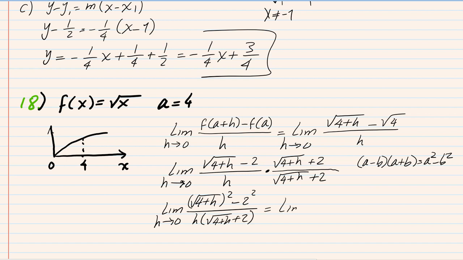So that's the limit as h goes to 0. Notice how you have to put the limit expression every time you write it. Without it, it would be incorrect. So that's 4 plus h minus 4, over h times the square root of 4 plus h plus 2.